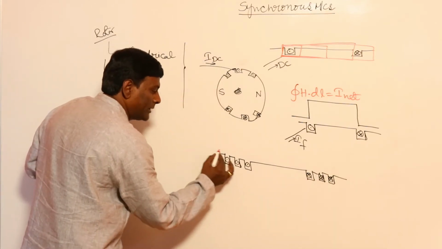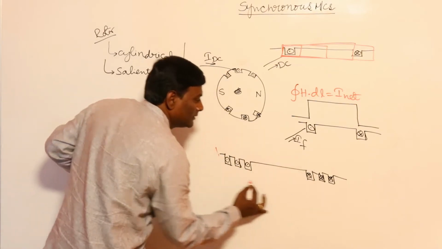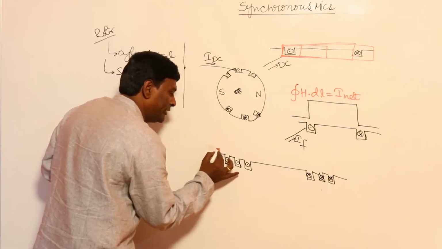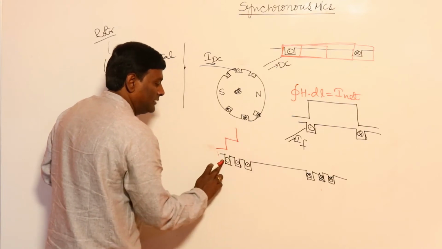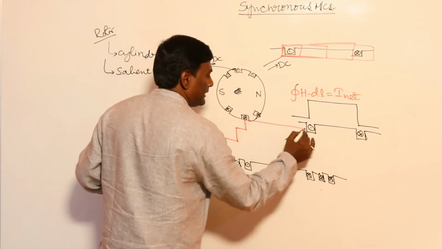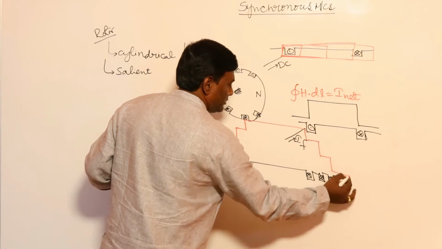So enclosed is going to be I, 2I, 3I, 2I, like that. So my MMF pattern is going to be: field I, here if I add this 2I, if I add this 3I, 2I, I, 0.